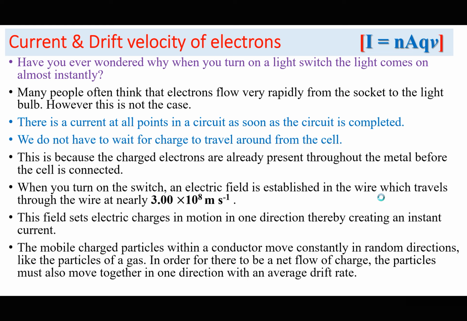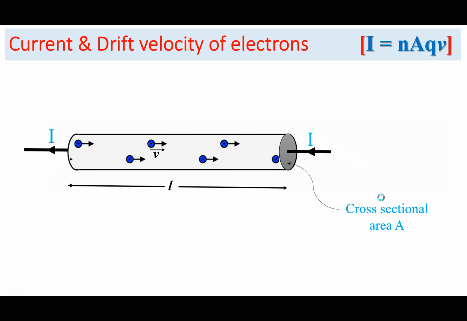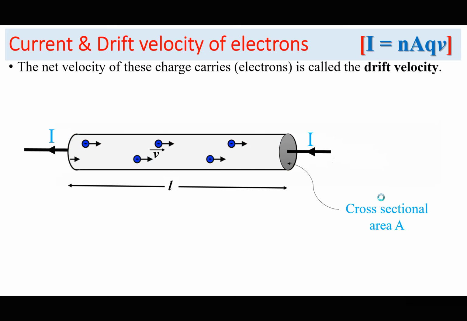I've said that in order for there to be a net flow of charge, the particles must also move together in one direction with an average drift velocity, as we are going to see. So we need to derive an expression relating current to the speed of the charge carriers in a conductor. The net velocity of the charge carriers, which in this case could be the electrons, is going to be called the drift velocity.